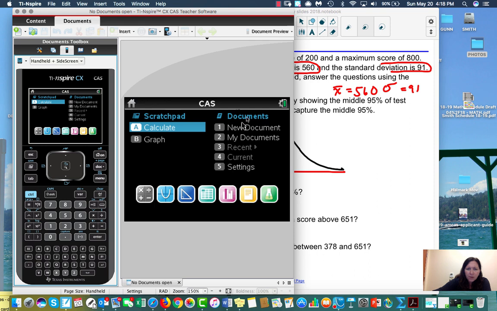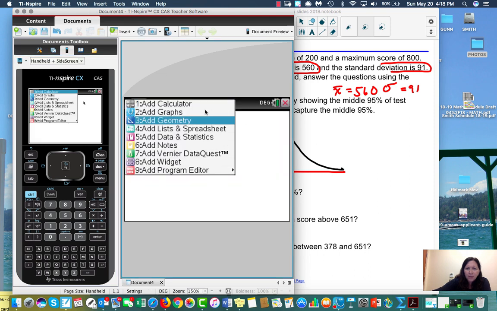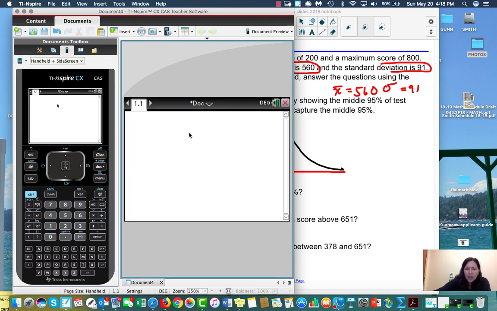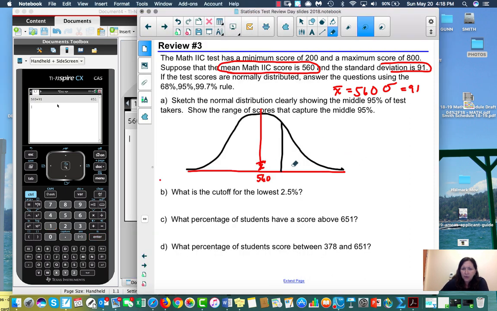I'm going to open up a new document, and I'm going to open up a calculator, and we have 560 plus 91, and so that value is 651. So this value here is 651. That's one standard deviation away.